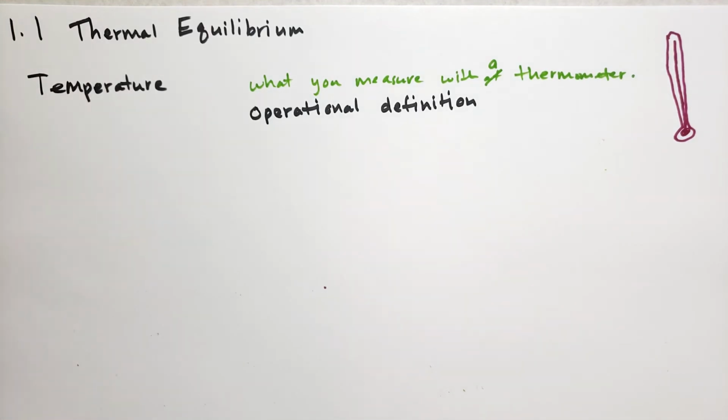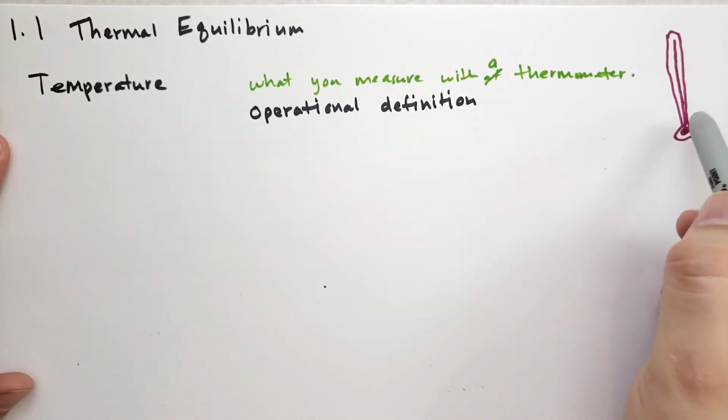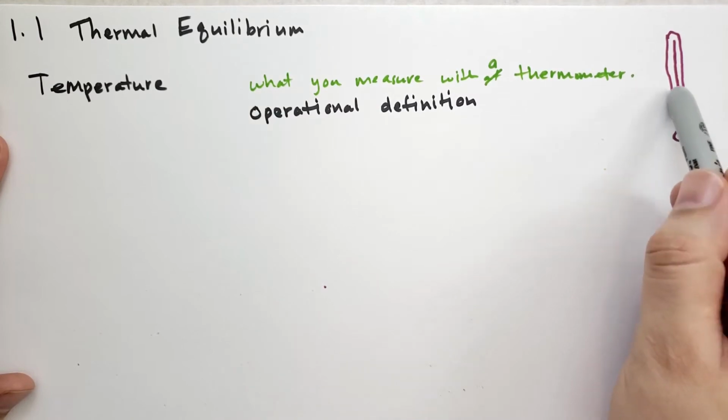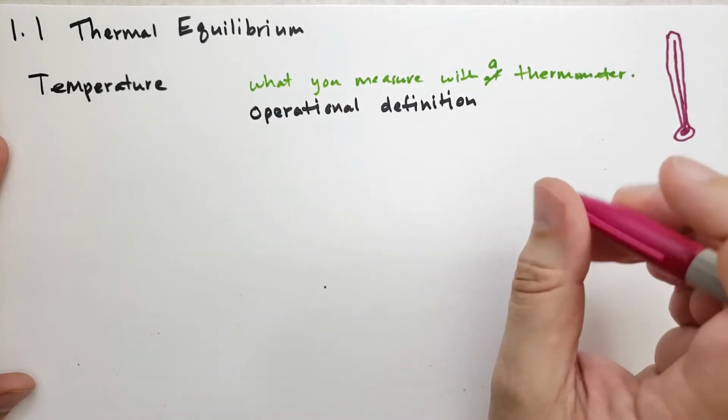And so there's something happening. Why is that mercury expanding? Why is that mercury contracting? There's something more fundamental at play here, that the temperature is actually interacting with and changing that mercury in some way. So what we're really measuring with a thermometer is not temperature directly, but the size of that mercury.